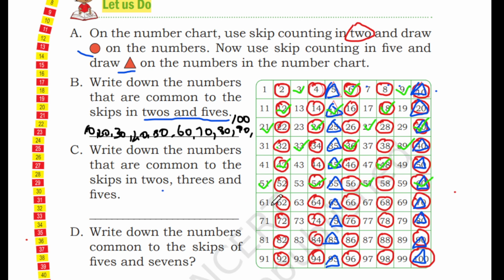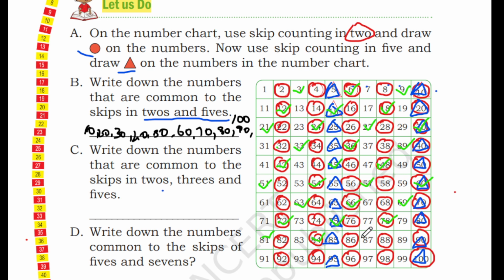Okay. So 60. The next one is 63, 66, 69, 72, 75, 78. Then we have 81, 84, 87. Oh, one minute, my pencil is frozen here.